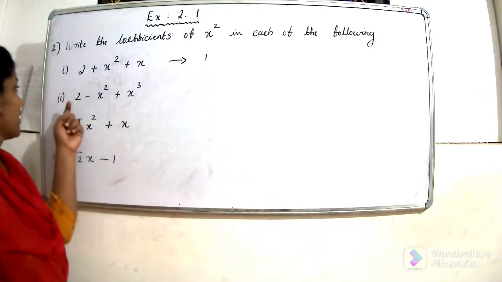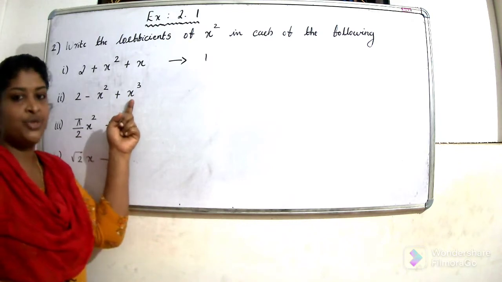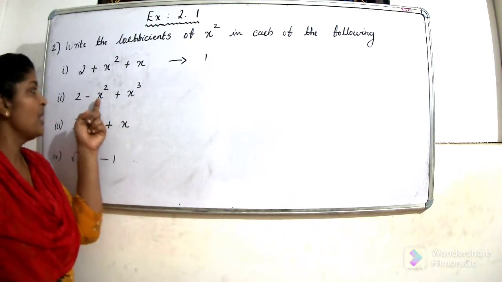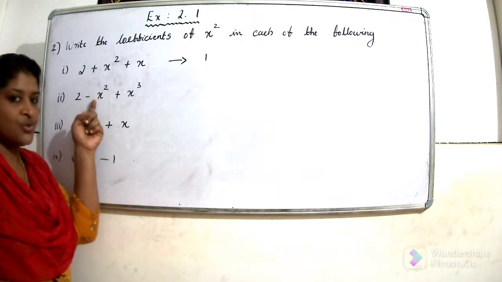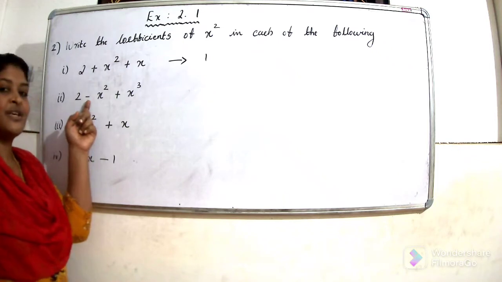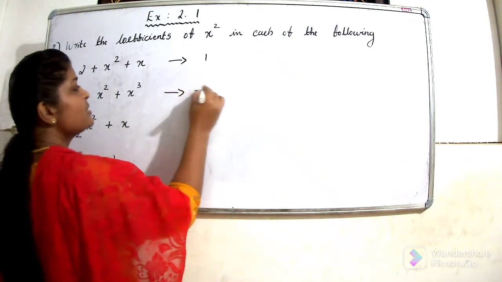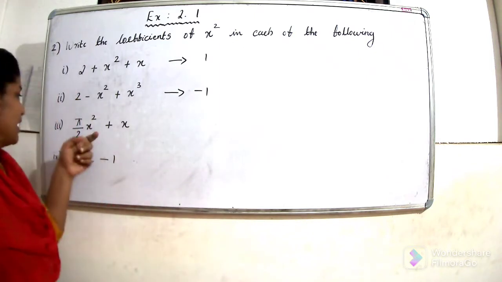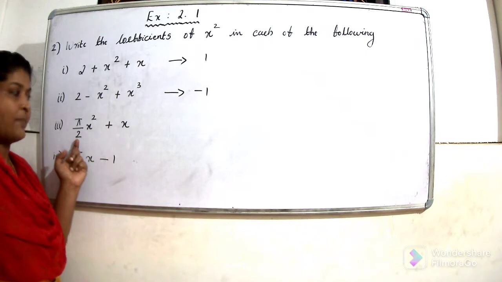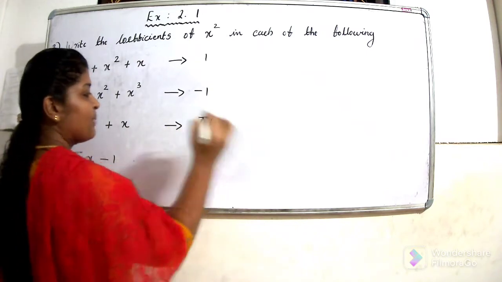Second one, 2 minus x square plus x raised to 3. Here this is the term which has x square. Its numerical value is not there here also, so we can take 1, but the sign here is minus. So the coefficient is negative 1. In the third one, x square's coefficient is pi by 2.